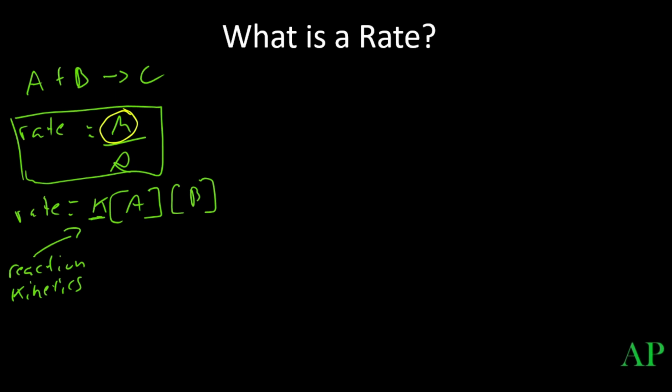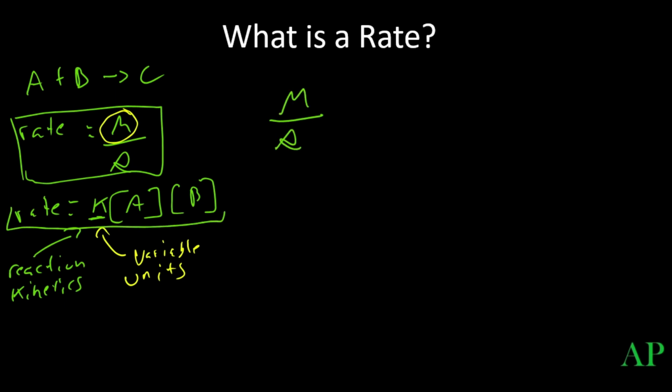First thing you can be asked is, what are the units for k? The units for k are always going to vary. So it has variable units. Its units need to be whatever it has to be in order to make sure that rate is going to be molar per second. If we take this given equation, we know rate is going to be molar per second, which equals k, I don't know my units for k at the moment, times concentration of A, concentration is always in molar, times concentration of B, again, always in molar.